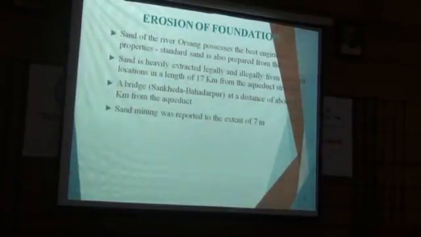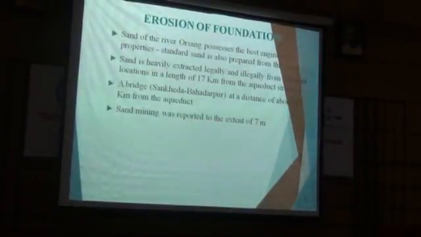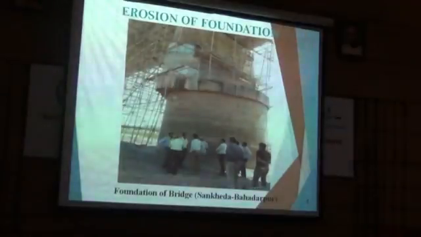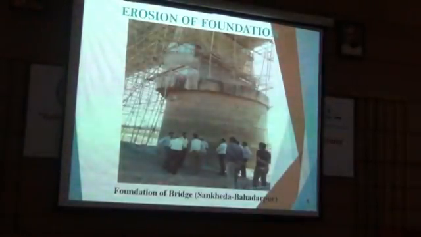I can show you a bridge called the Sankheda Bahadarpur road bridge, just 17 km down the line from the structure. This is the bridge, and you can see here how deep the river bed has gone. It is approximately 7.2 meters. The river bed has gone down 7.2 meters, and this much sand mining has been done.